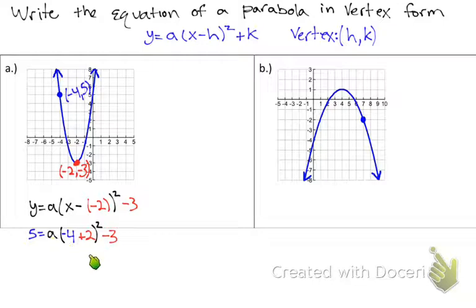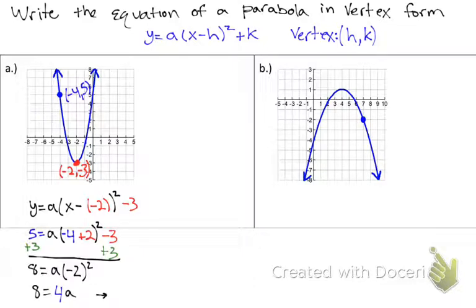Therefore we can manipulate this so that we get a by itself. We're going to take this 3 at the end and move it to the other side of the equation first. Adding 3 to both sides gets us 8 equals a, and -4 plus 2 inside the parentheses gets us -2 squared, which we know to be 4.